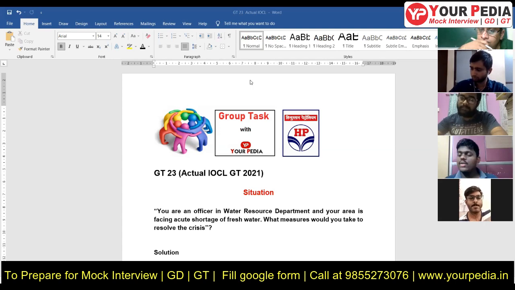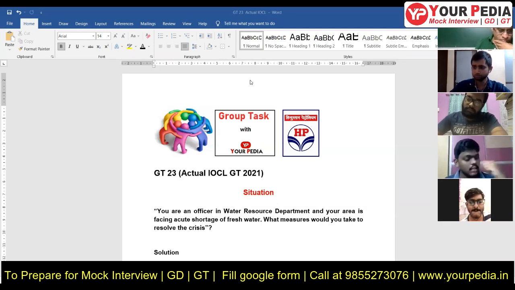So my point here would be to set up a water purification plant so that we can mitigate the problem. The second point that comes to my mind is that we have to conduct a survey on water usage in our department. We can conduct a survey on water usage and maybe come up with channels where we can improve water usage, using more efficient techniques or updating the technology, etc. So these are the two starting points that came to my mind.